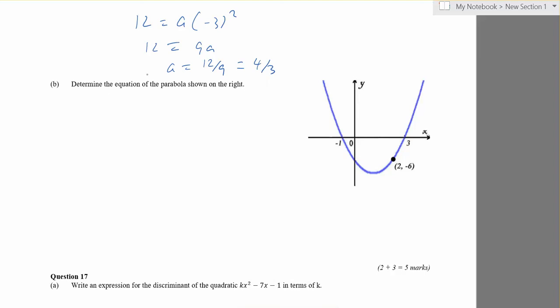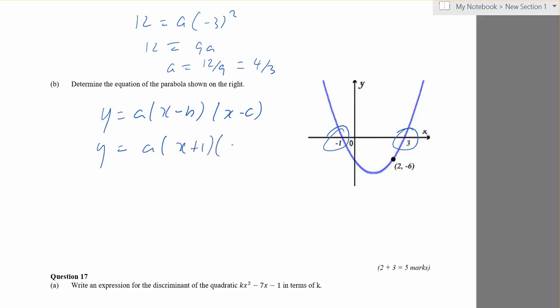So next question, determine the equation of the parabola shown on the right. I know two x-intercepts, so I'm going to use factor form. So y equals a(x minus b)(x minus c). I know my first factor will be x plus 1 and x minus 3 for the second factor. I just need to sub in -6, 2. So -6 equals a(2 plus 1)(2 minus 3).